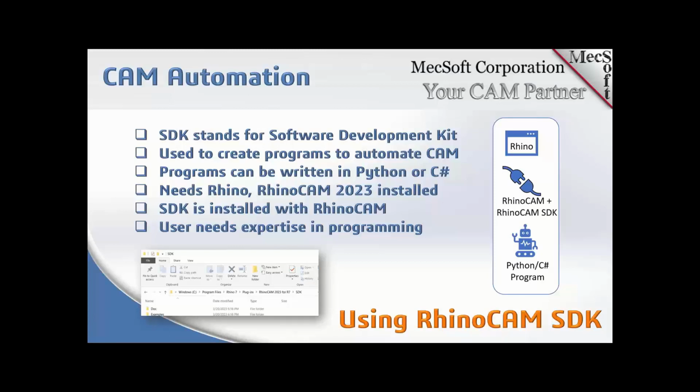And we offer 2 kinds of programming interfaces. One, you can use Python, which is, for those of you who don't know, a very popular and easy to learn language these days, and I think in the Rhino world it's used a lot in many different areas, so we chose to use Python as one interface.